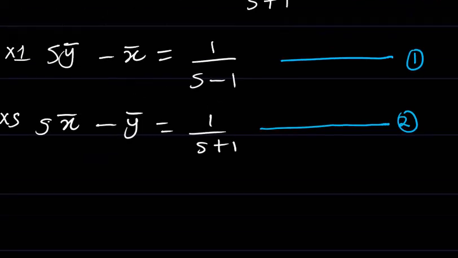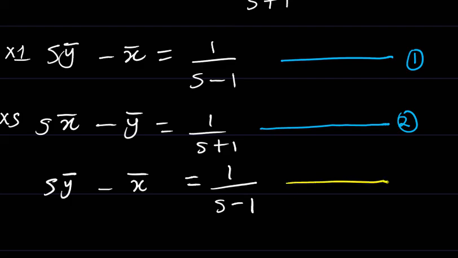Let's do that. Equation 1 multiplied by 1 gives me s y bar minus x bar equal to 1 all over s minus 1. This time around I can call this equation 3.